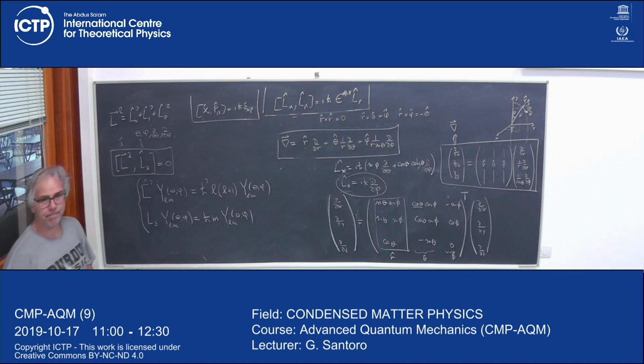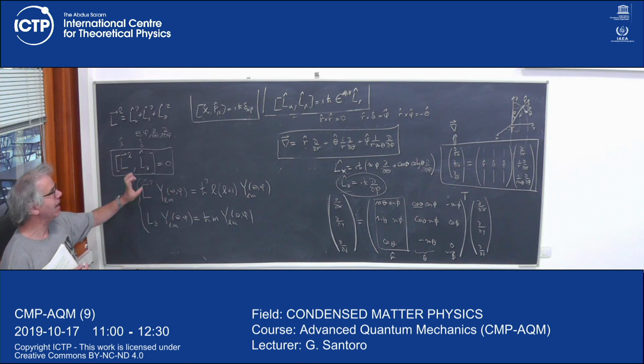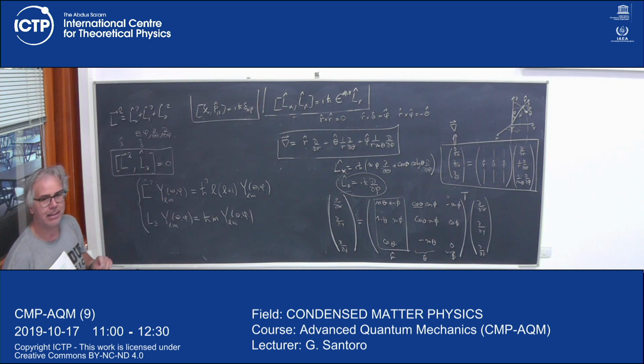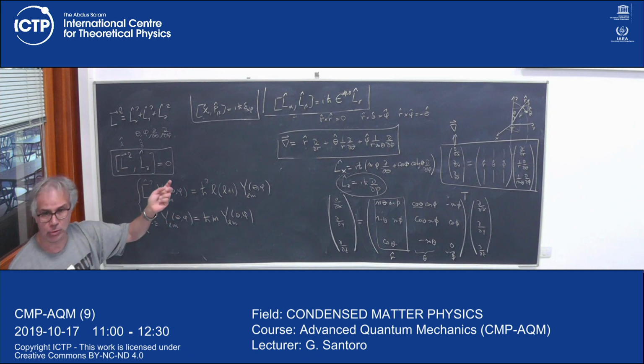Now, next time, I will show you that this is indeed the general structure of the eigenfunctions common to any pair of angular momentum operators, the square and the Lz. You might ask, what do you mean any pair? There we have. You can have, for instance, the spin, which is not an orbital angular momentum, but obeys exactly the same commutation rules.